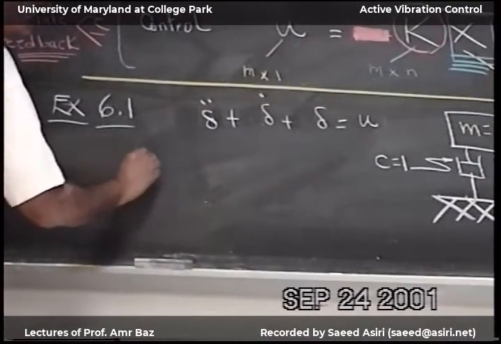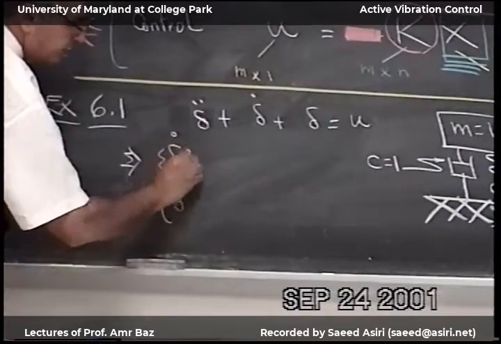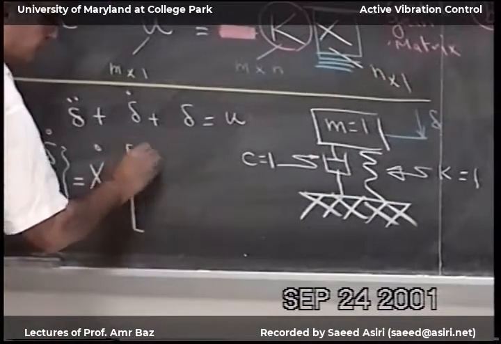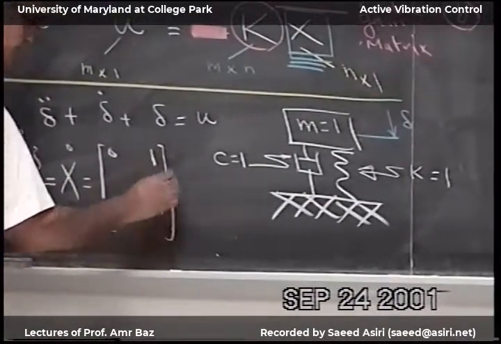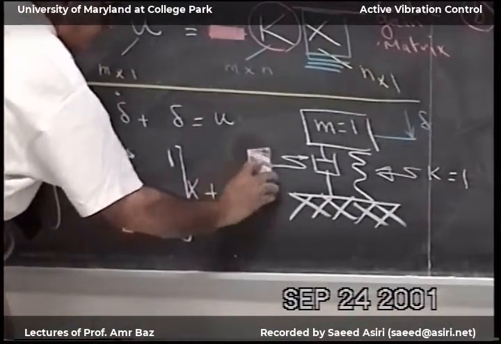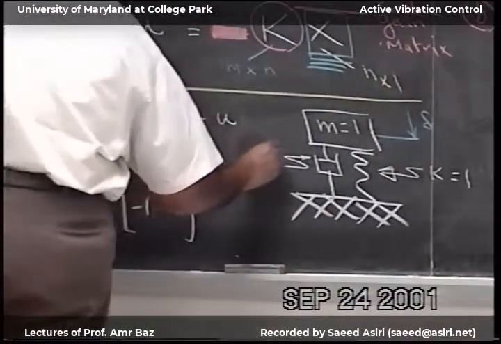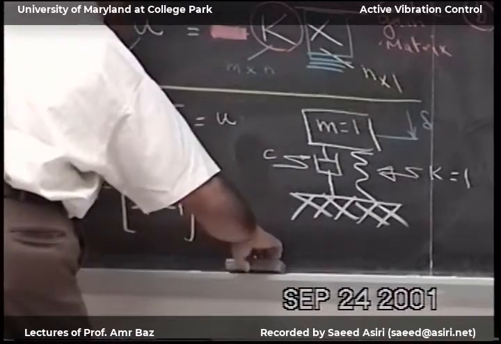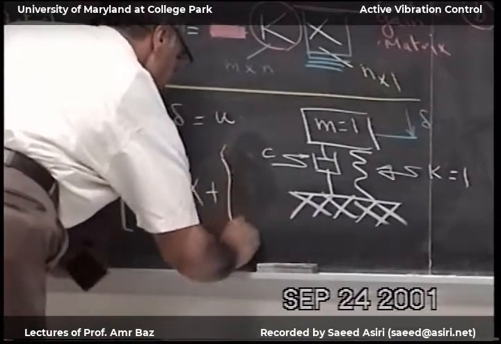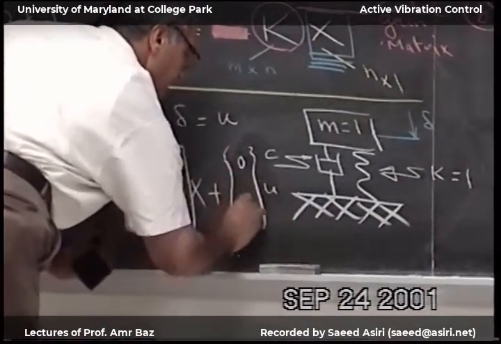And the state space equation will be delta dot, delta double dot, or x dot equal to [0, 1; minus 1, minus 1] times x plus [0; 1] u.